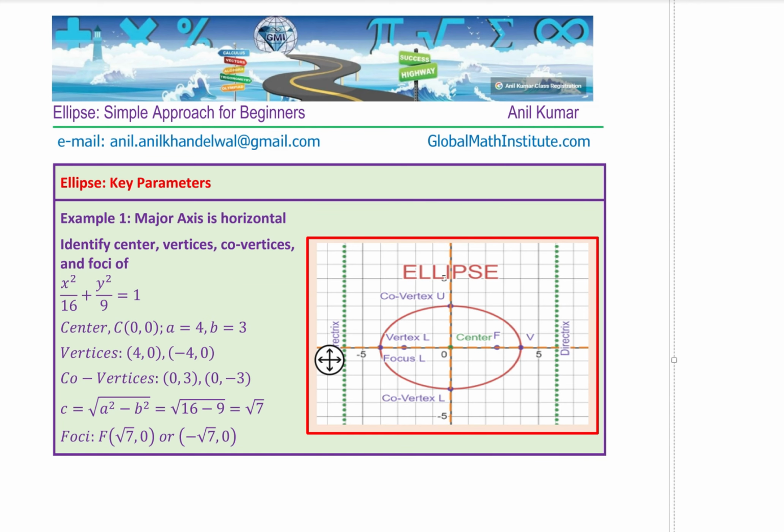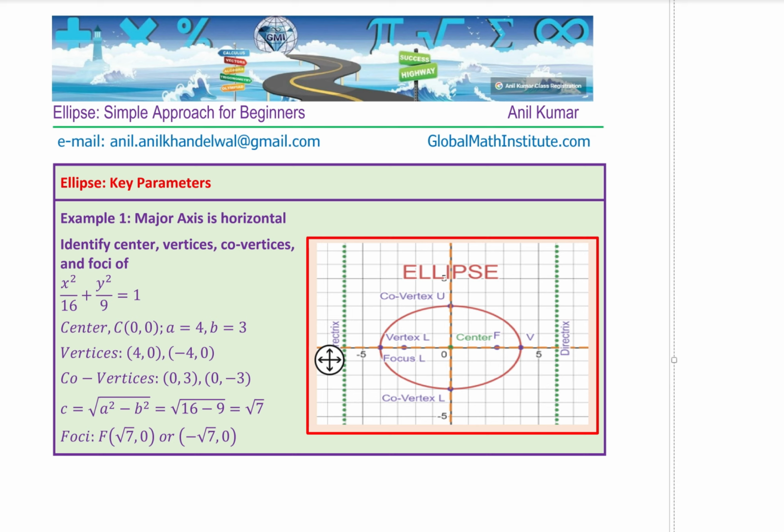So what I've done now here is shown you the ellipse which we used to model, correct? As you can see, the ellipse is wider along the x-axis. Since it is wider along the x-axis, you do understand that the major axis is along the x-axis, right?